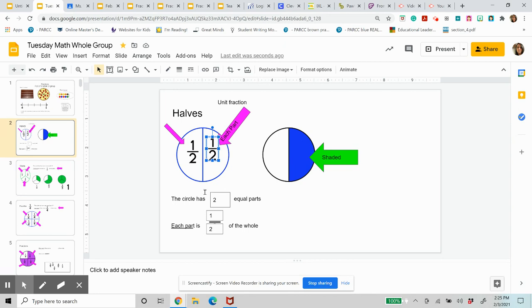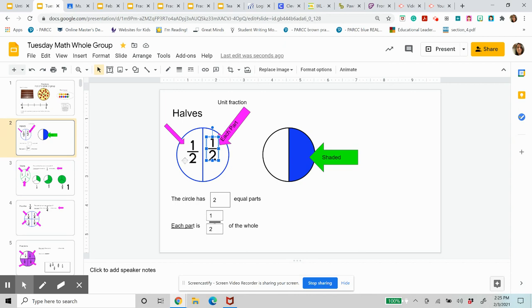If you notice that we're saying 1 out of 2 pieces, we have the fraction bar that goes in the middle, right? There's a number on top, which is called the numerator, and the number on the bottom, which is the denominator. And the denominator always tells you how many total pieces there are in the whole.